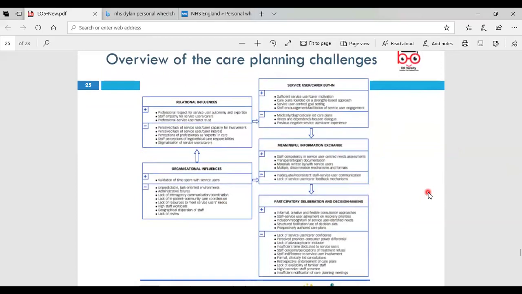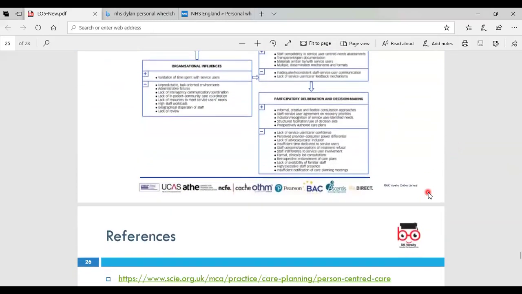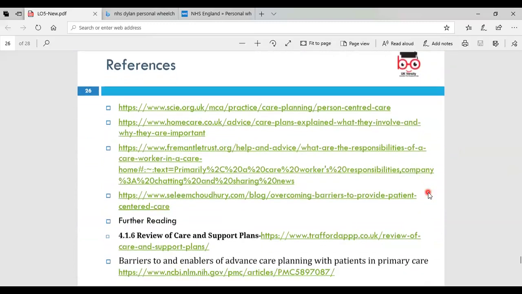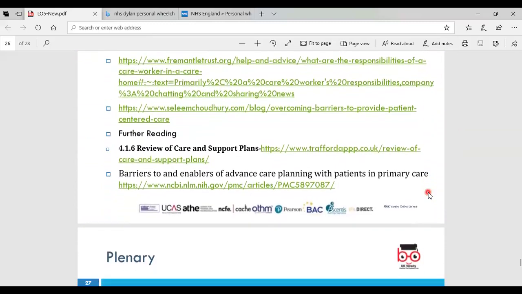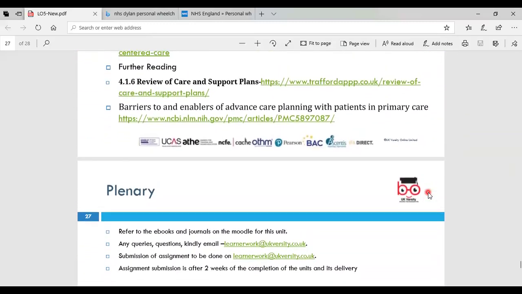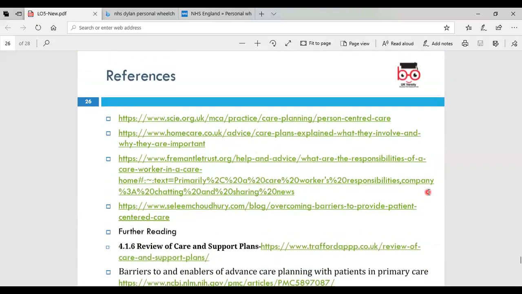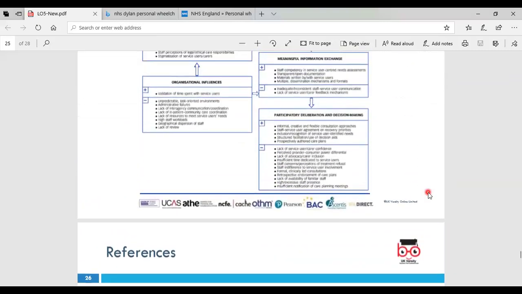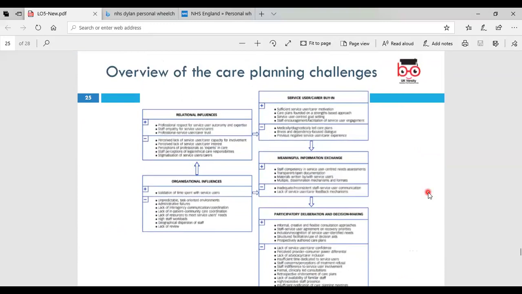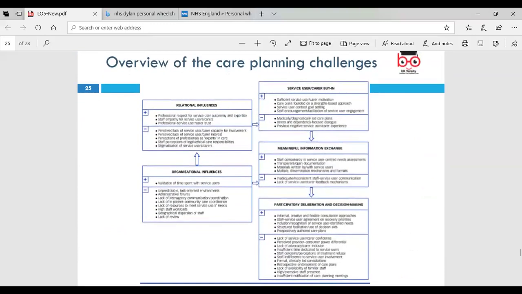I hope you've taken a picture of this. Otherwise, I'll share this with you on the WhatsApp group. These are all the references, and there's further reading also. I'll end my presentation at this picture, so you can have a good look at the overview of care planning challenges. Any questions? I'm happy to take them.